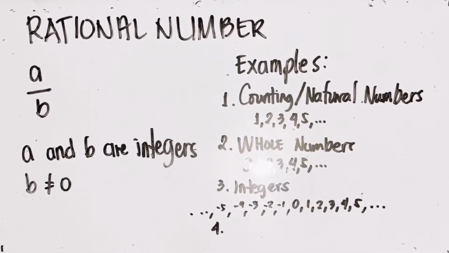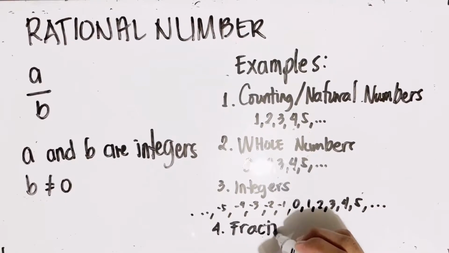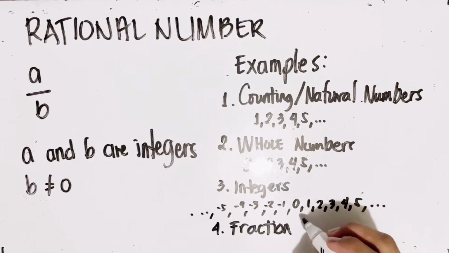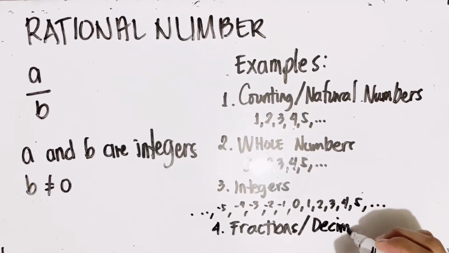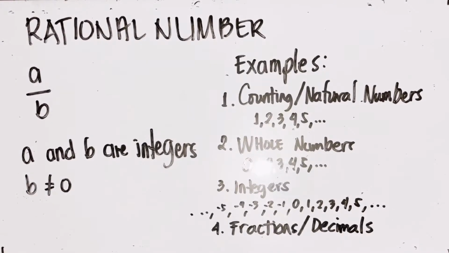Next is fractions and or decimals. For the fractions and decimals, in between these integers, there are numbers.